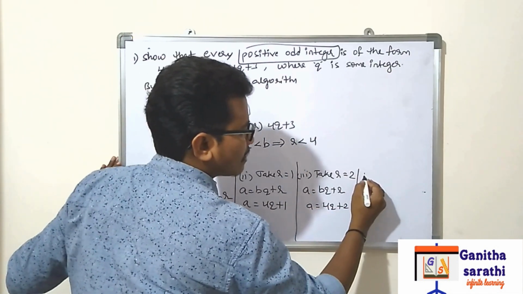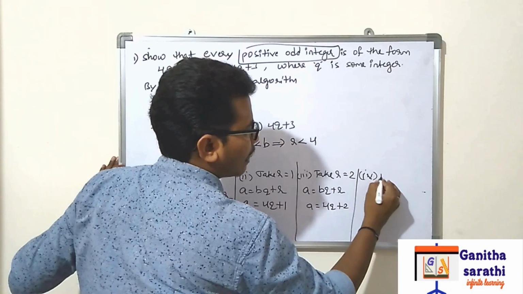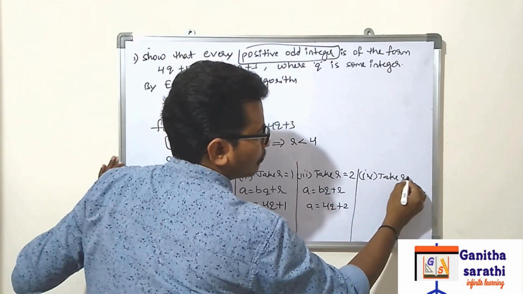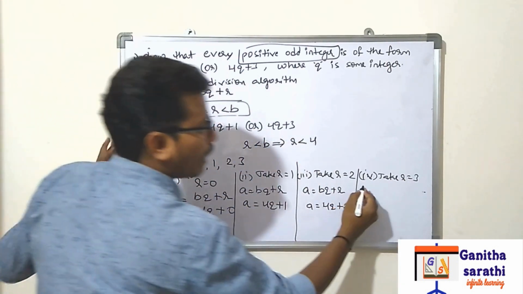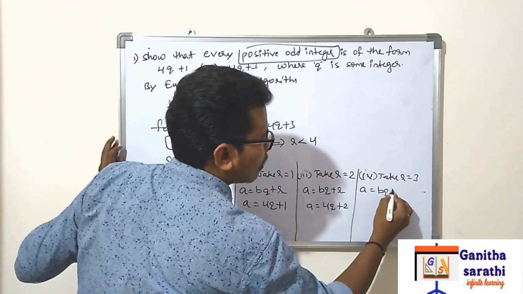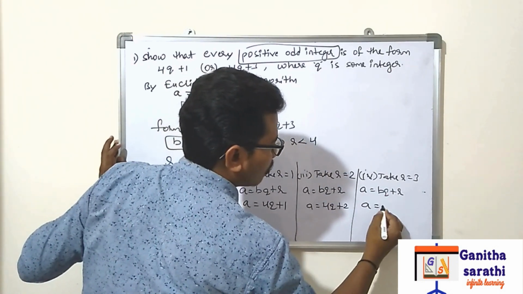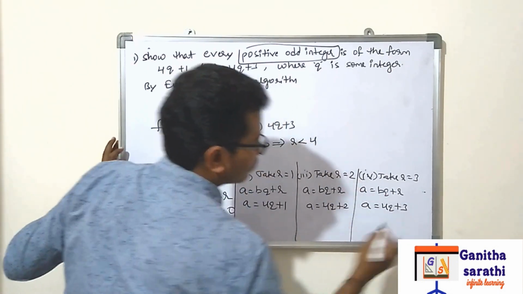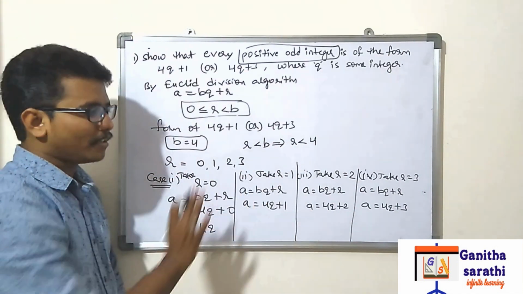Next, what is the last case? The fourth case is to take R equal to 3. Now A is equal to BQ plus R, meaning A is equal to 4q plus 3. Got it? All the cases are completed.